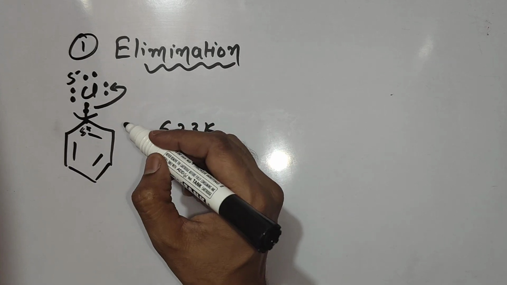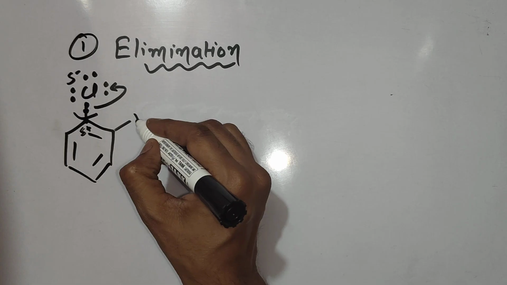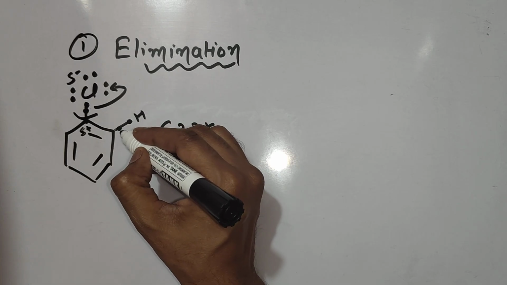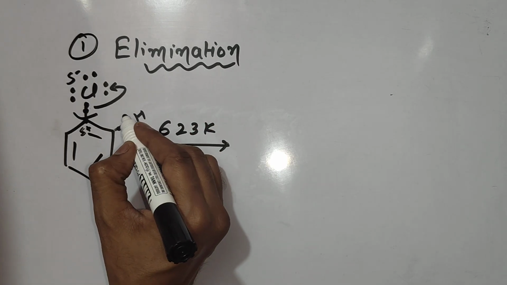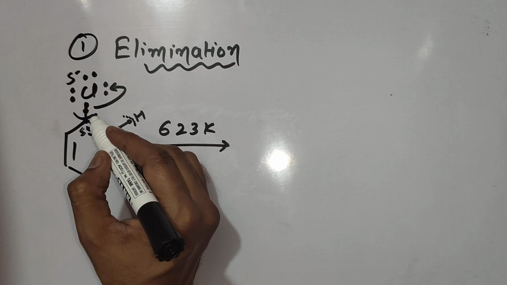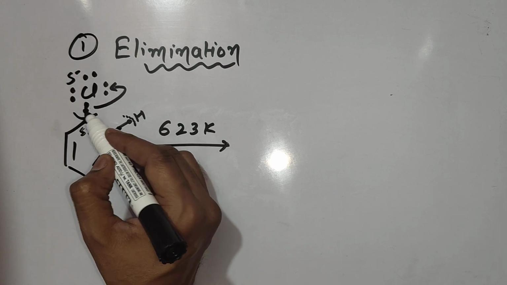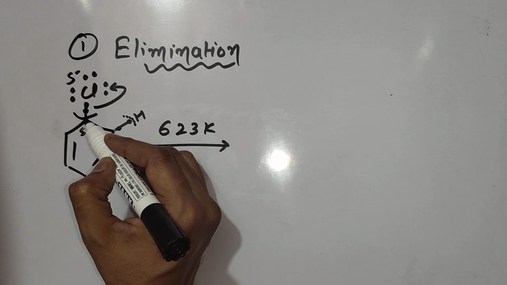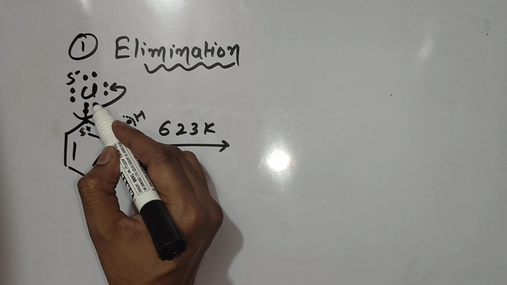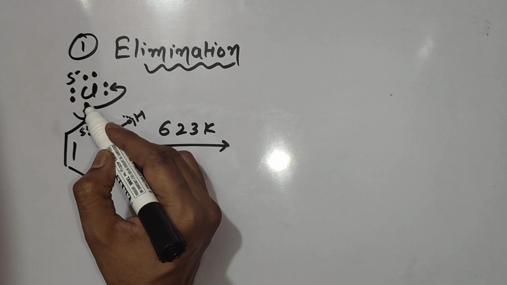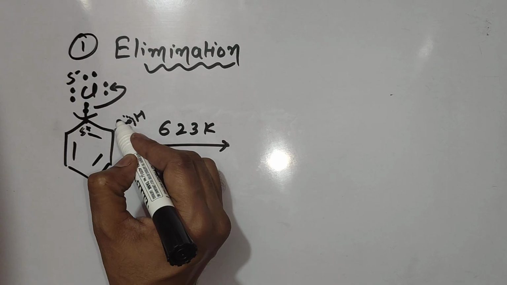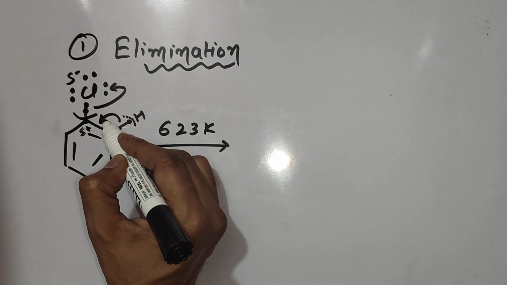At the same time, the neighboring carbon, this carbon, develops a vacant orbital because chlorine is going out with these electrons. At the same time, this carbon will start to fill that vacant orbital like this.